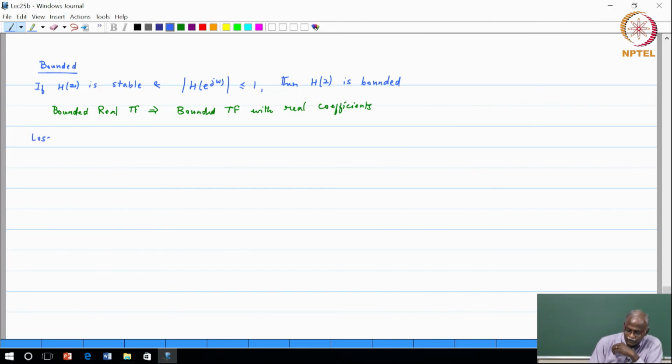What is a lossless transfer function? A lossless transfer function basically preserves energy. So basically it means that it is a stable transfer function and is all pass. Energy is preserved.